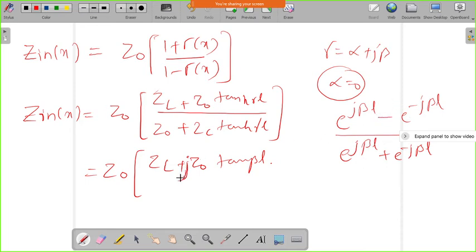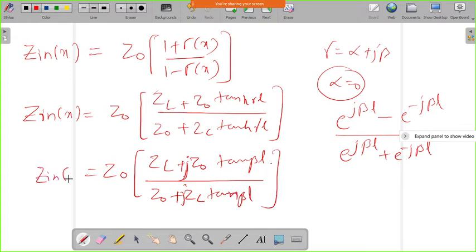So this is the equation for the lossless transmission line, and you can substitute and get it.